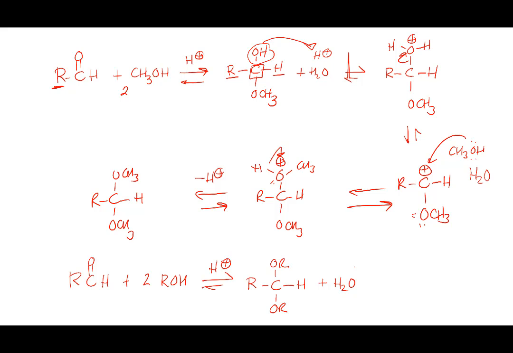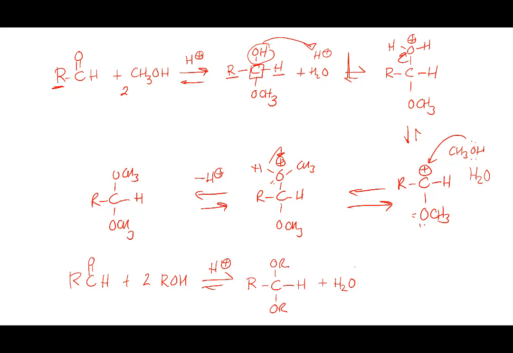Not the calcium chloride pellets or anything like that, but maybe something a little more sophisticated. And so as the water evaporates and then drips down, it would be removed, so that eventually we would make nothing but the acetal.